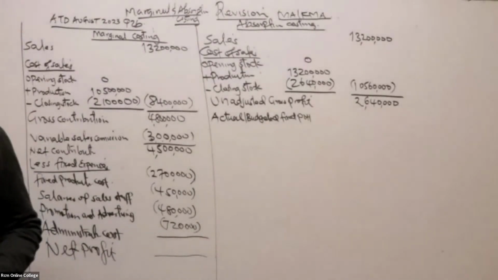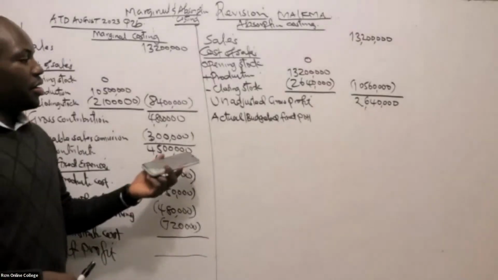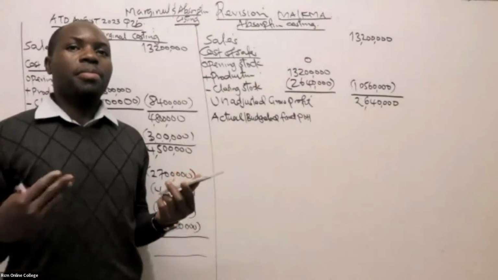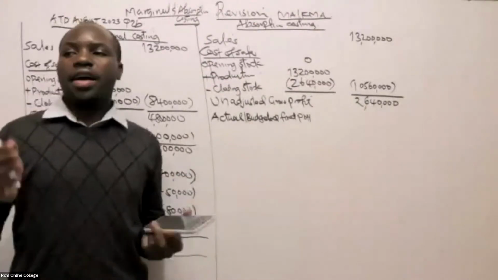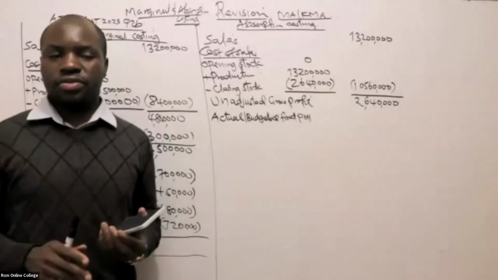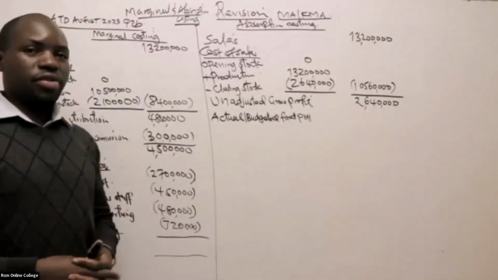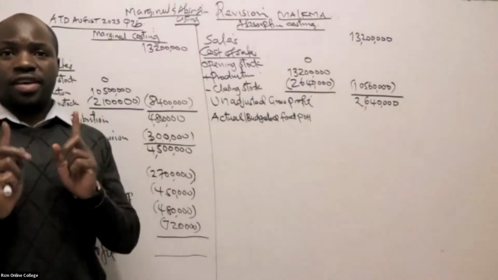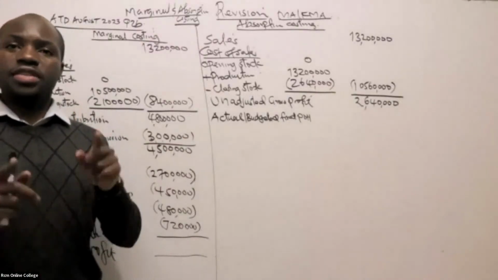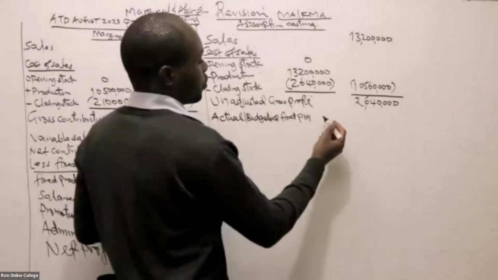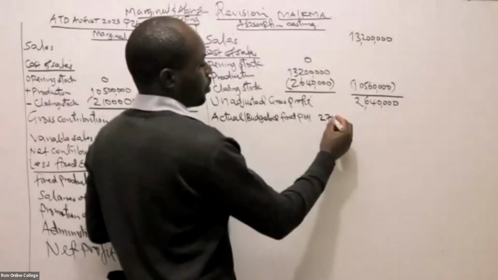If I don't have actual, that's when I will go for budgeted. But if I have the two, I simply go for actual. Do we have actual in our question? We don't. What is given is the budgeted, and that's what we take in place of actual fixed production overheads.